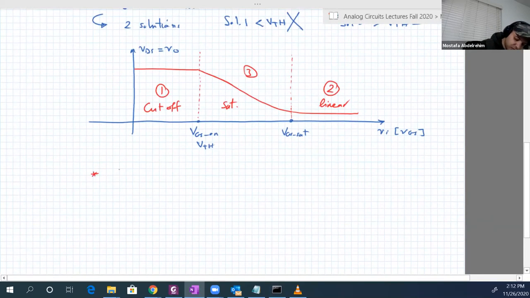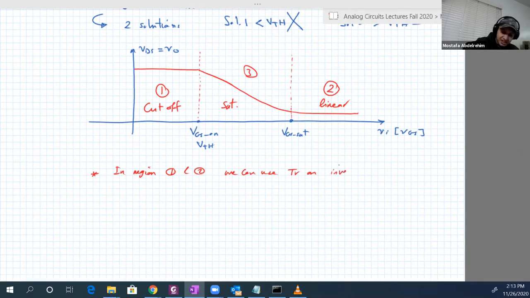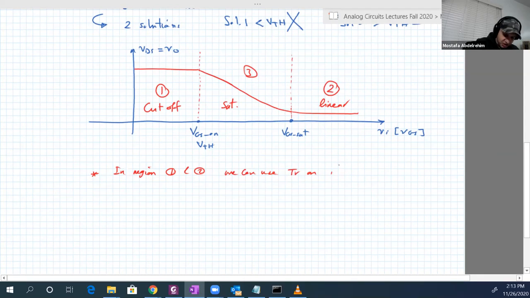So in regions 1 and 2, we can use the transistor as an inverter. So it has two applications. Number 1, as an inverter in digital circuits.